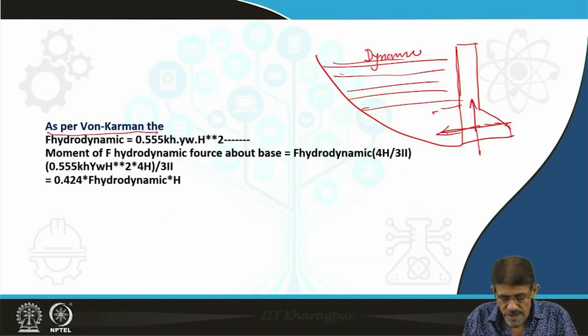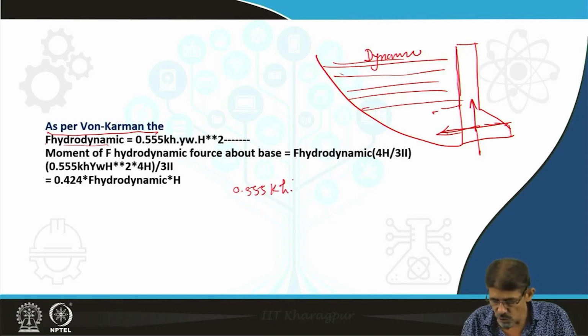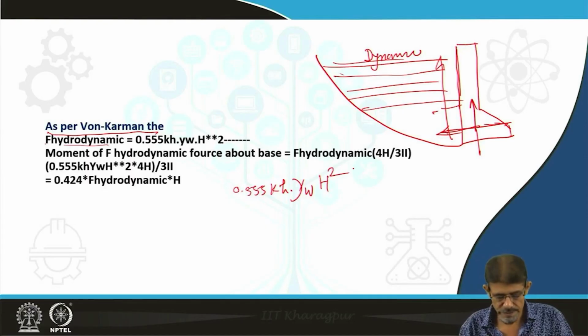As per Von Karman, the hydrodynamic force is simply 0.555 kh into unit weight of water into the depth of water present in the reservoir. If we determine the moment of the hydrodynamic force, then we again multiply by this depth, and it becomes cubic.